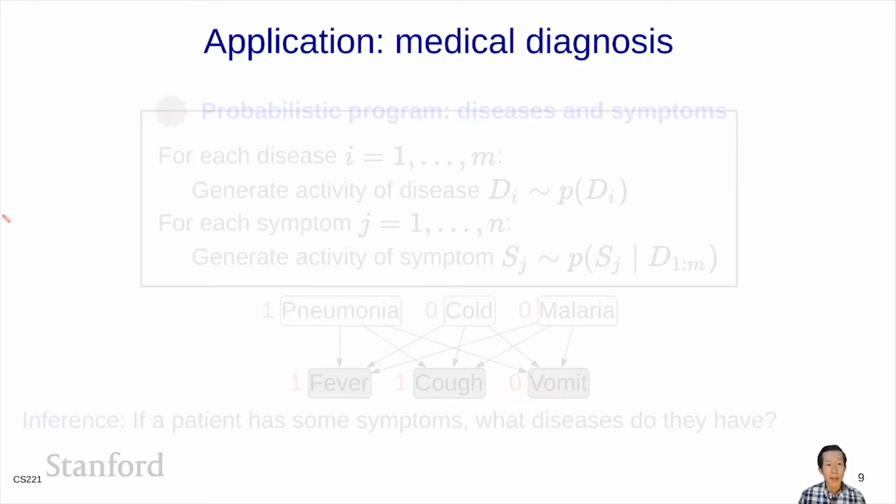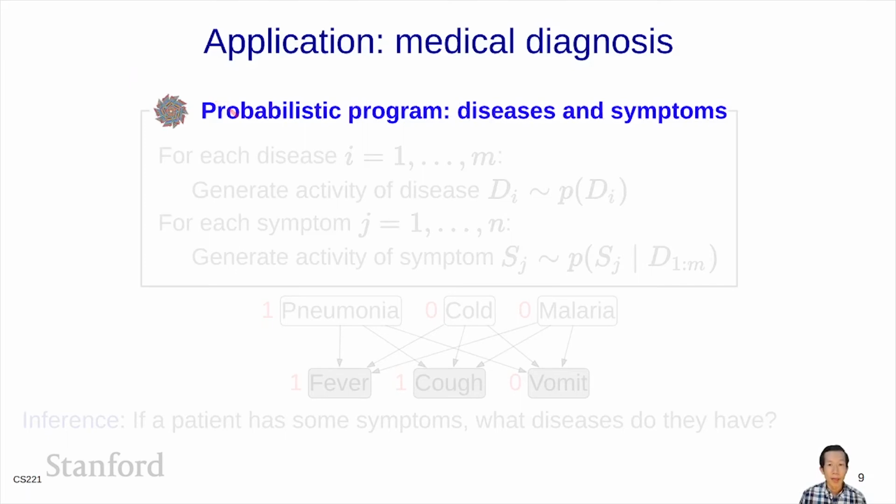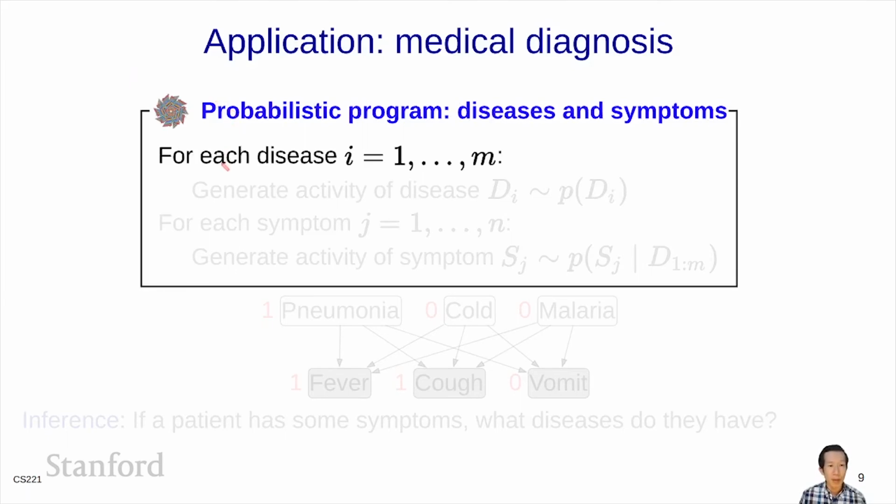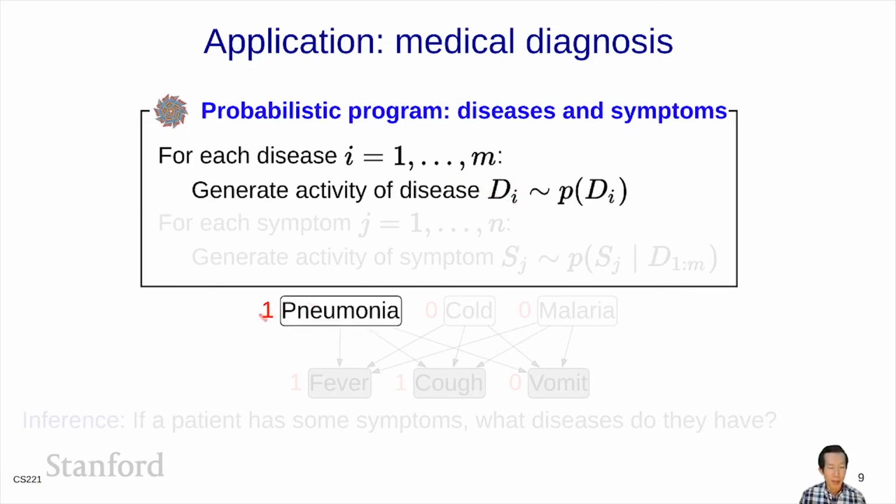So here is another example which generalizes the Bayesian network that we actually saw in a previous module. So in general, let's suppose that you have a bunch of diseases. We're going to generate for each disease Di, which is the activity of disease i. So we might have pneumonia, generator 1, cold, and malaria.